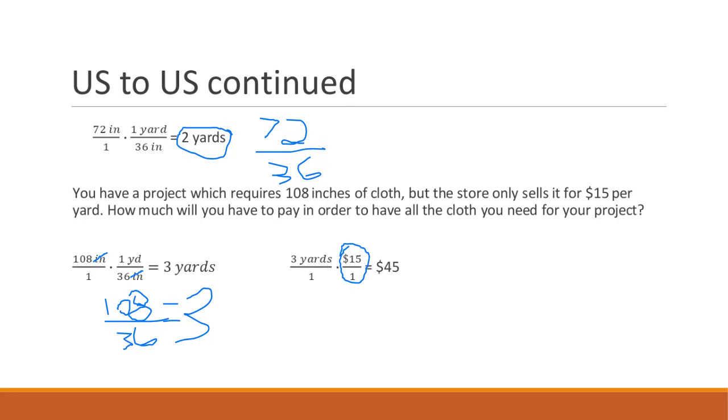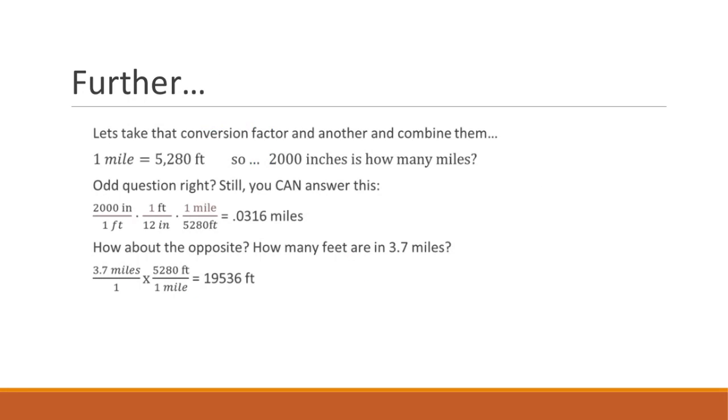So, okay, continuing with this, let's do some stretches. I'm going to start showing you some multi-step, and then we're going to reel it back a little bit, and then I'm going to give you a better form to take on these multi-step conversions. So let's take the conversion factor of a mile and the one we just had, which was feet and inches, right?